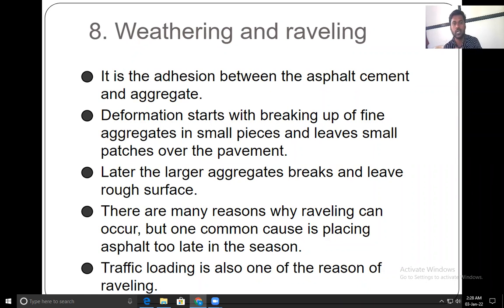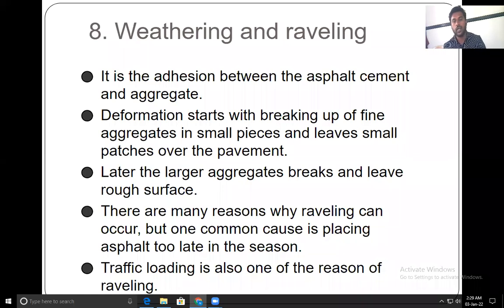Then the deformation starts with the breaking up of fine aggregate into small pieces, which leaves small patches over the pavement. The small particles of the aggregate get removed first, and from breaking of such small pieces, potholes may be generated.